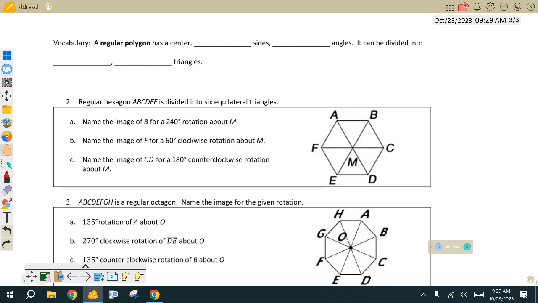So a regular polygon has our center. And what do we know about the sides and angles then? You all told me on Friday they were the same. They were all equal. Equal sides and also equal angles. And what we started doing is dividing it up into triangles.